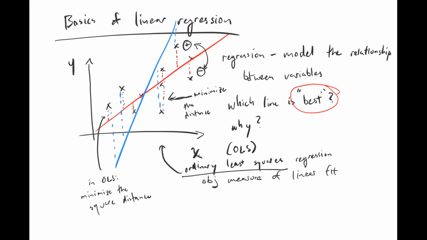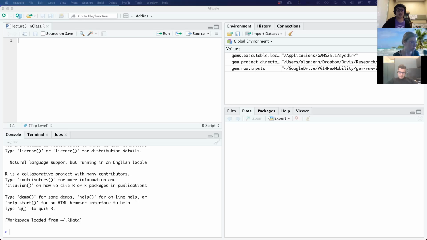Okay, so let me jump over to RStudio. And hang on, I think I saw another question pop up. Yes, okay, so good question. How do we determine whether or not we should use a linear regression for a certain data set? Okay, that is going to be a very thematic topic as we go throughout the course.